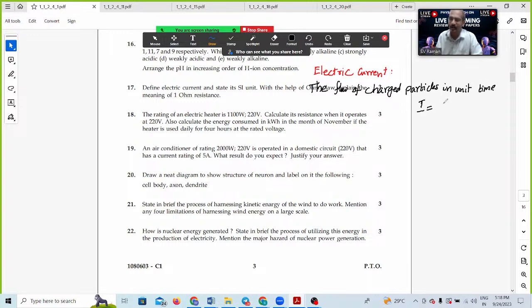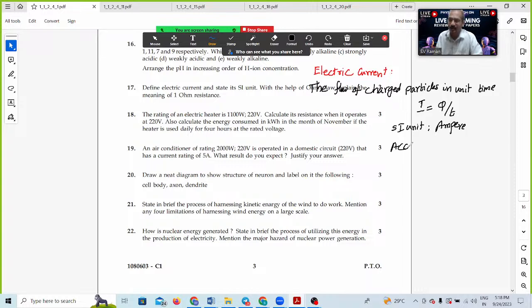So I is equal to Q by T. SI unit of electric current is ampere. Ampere.